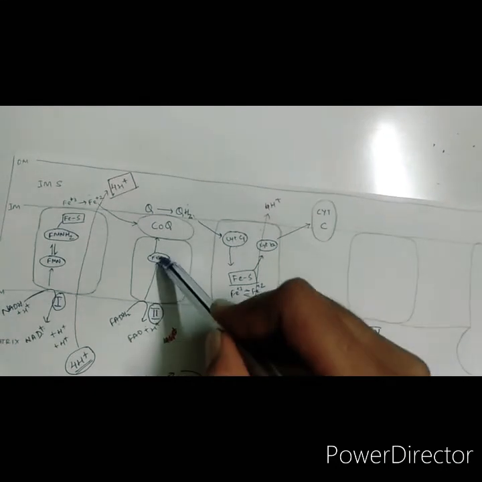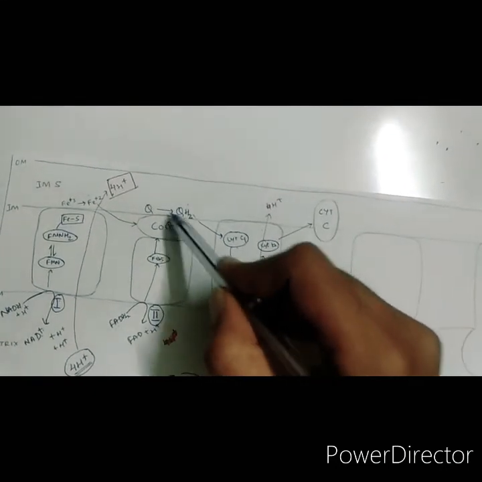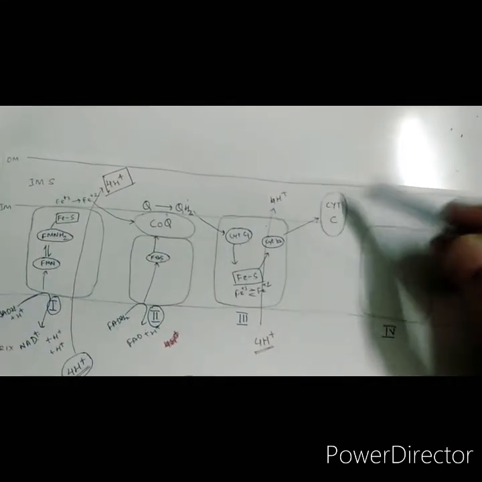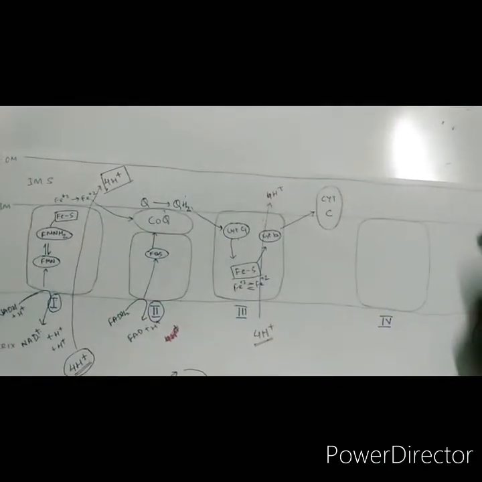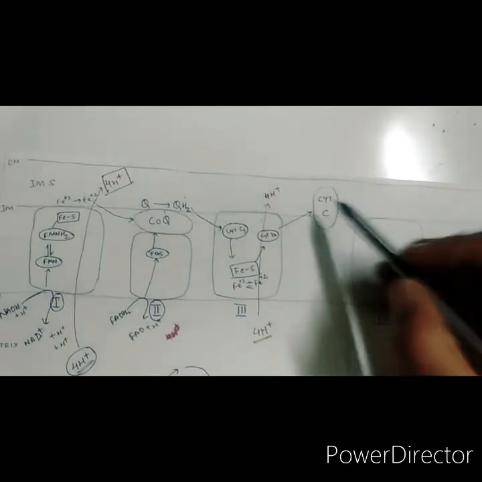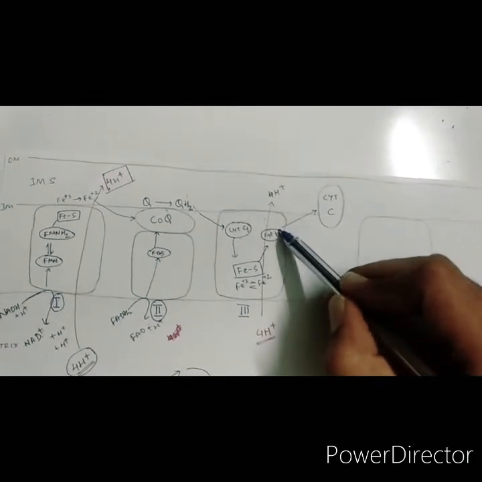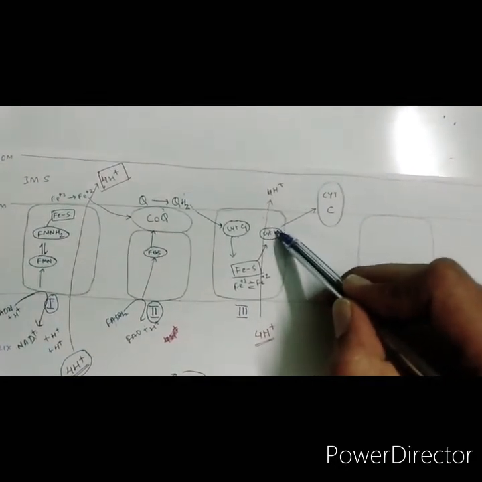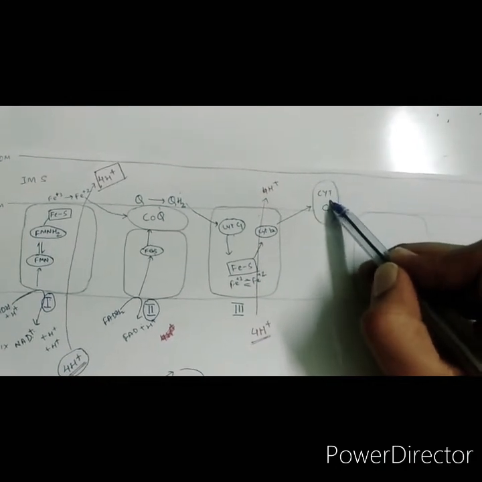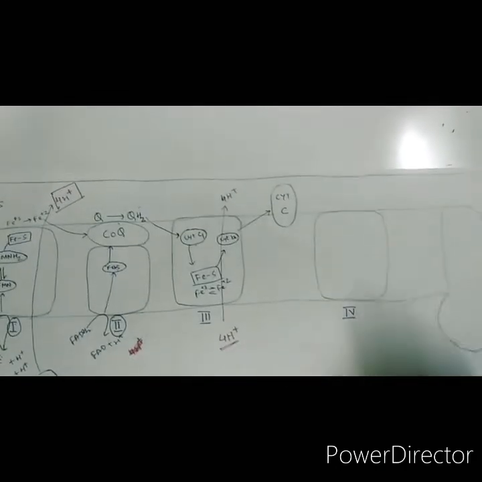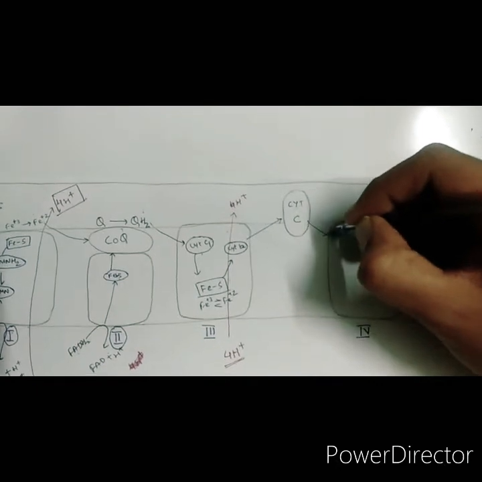In between, complex 2 also donates its electrons to coenzyme Q. But cytochrome C cannot move and has a fixed position in the inner membrane. So the electrons transferred from cytochrome B are captured by cytochrome C. Now this cytochrome C finally transfers the electrons to complex 4.